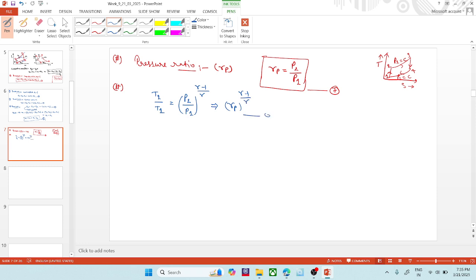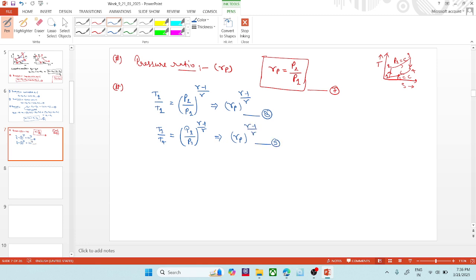Equation number 8. Then this ratio T3 by T4, we can also write it like P2 by P1 to the power gamma minus 1 by gamma. So this would also be the pressure ratio to the power gamma minus 1 by gamma.